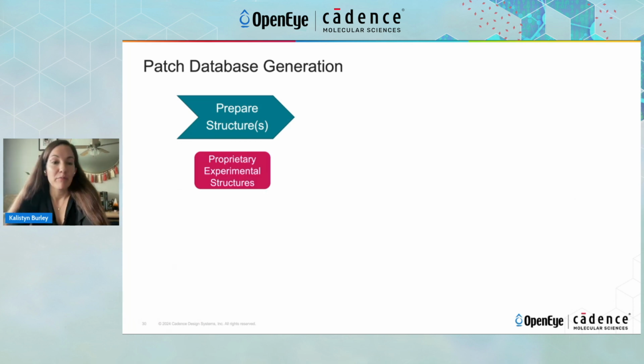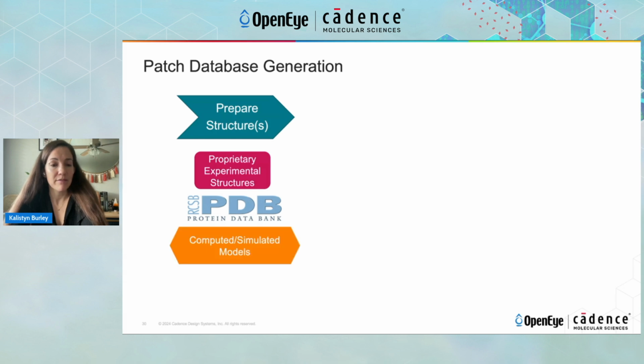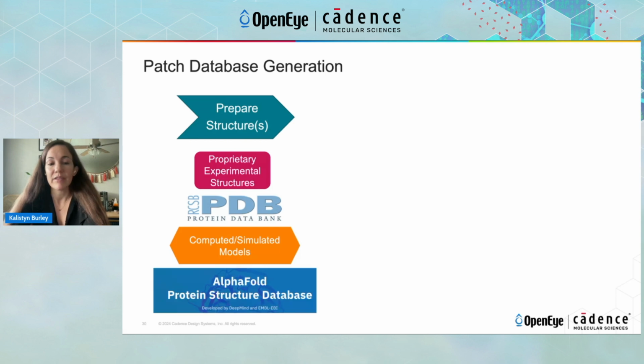These can be proprietary internal experimental structures that you have at your company. They can be publicly available structures, such as those deposited in the Protein Data Bank. They can be simulated structures, homology models, frames from MD trajectories, or computationally AI-generated models, for example from AlphaFold.